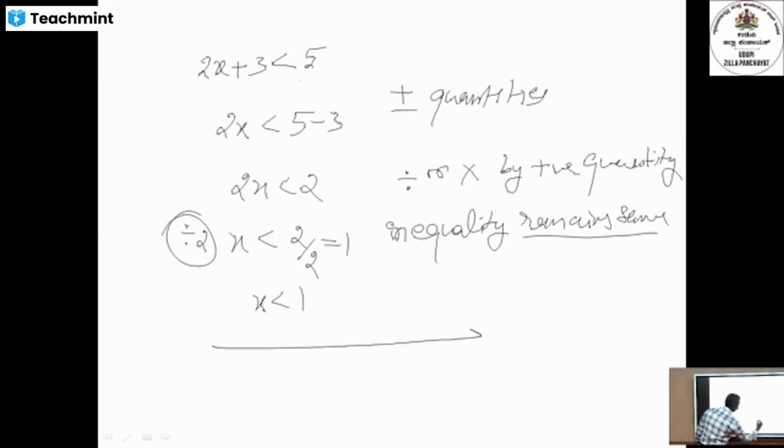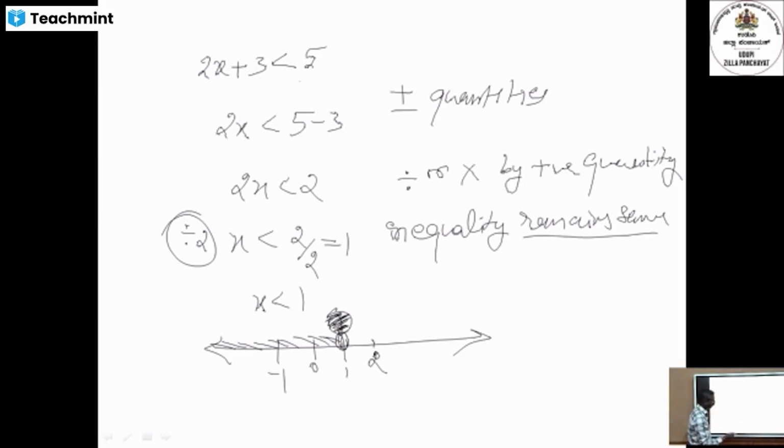If we consider the number line, here it is 1. Here let it be 2, here it is 0, minus 1, etc. X is less than 1, so to the left. Usually what we do is use a dark dot: if it is dark, it is included; if not, it is not included.